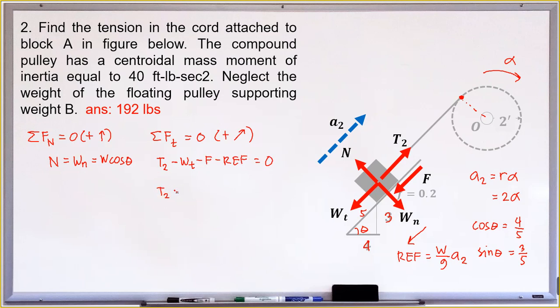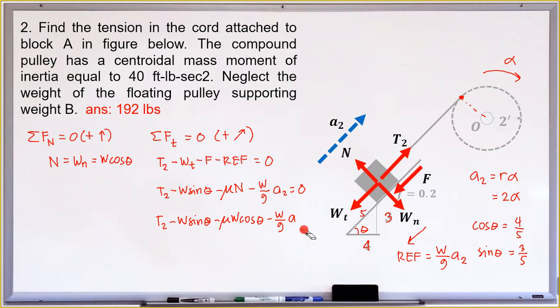So T2 minus weight sine theta, minus the frictional force, which is the coefficient of friction mu times the normal force N, minus weight over g times a2, equals 0. So we have T2 minus weight sine theta minus mu weight cosine theta minus weight over g times 2 alpha.